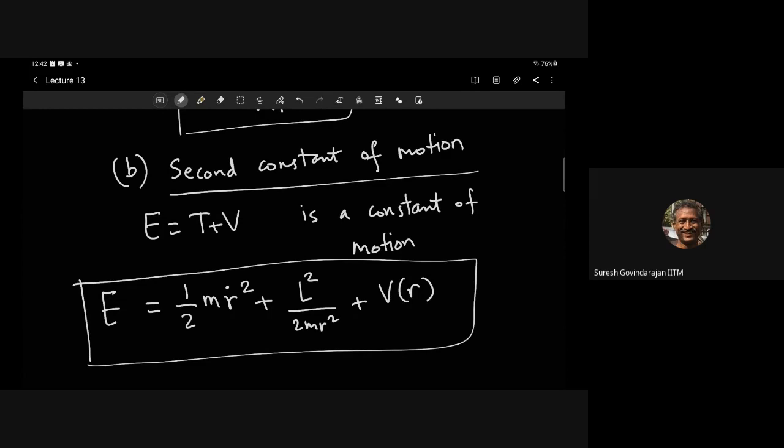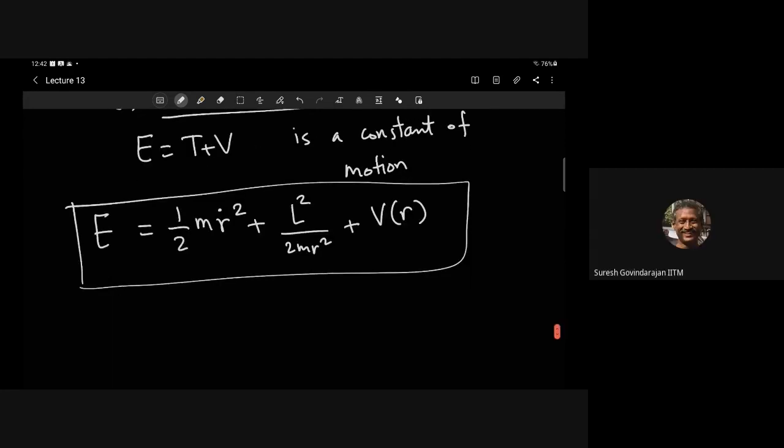What determines E? Kinetic energy plus potential, but this is just fixed by initial conditions. That's all I wanted from you, nothing deep.